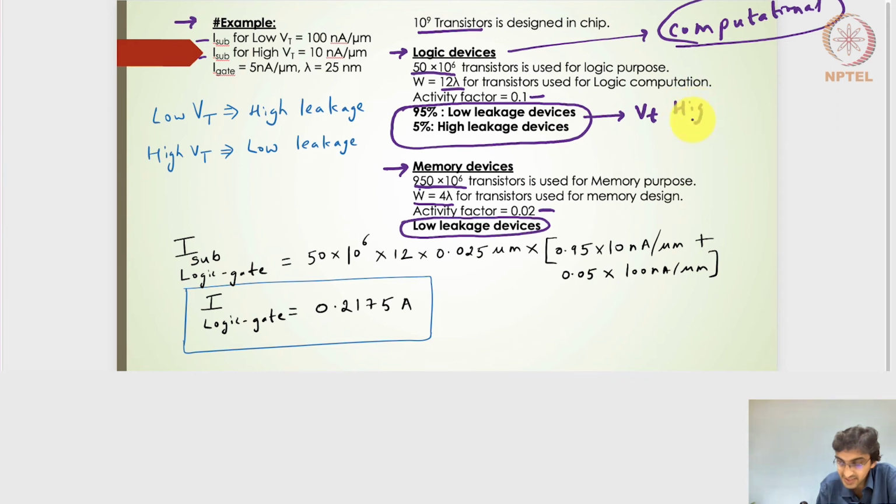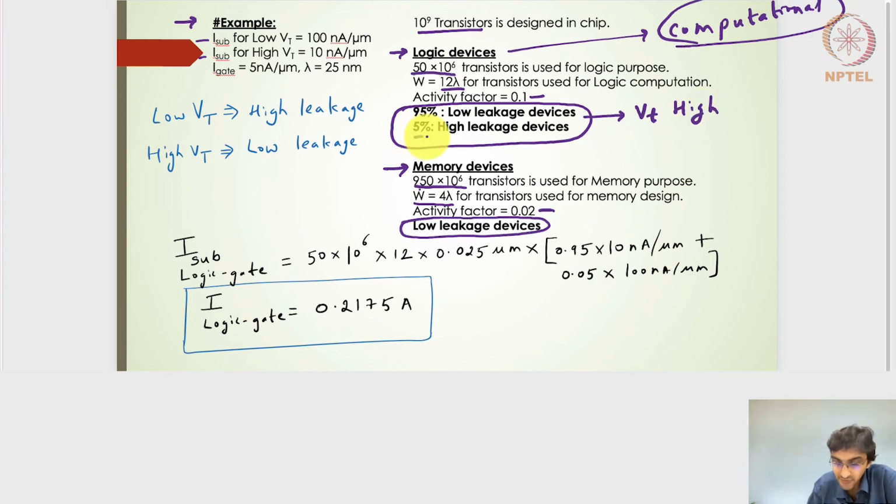The VT is high, so that I get a low leakage current. If you remember the exponential term in one of the previous lectures, we said the subthreshold leakage current was a function of the exponent of VGS minus VT0. If VT0 was low, I got a high leakage current. If VT0 was high, I got the low leakage current.